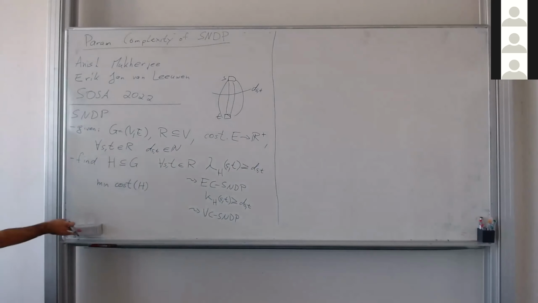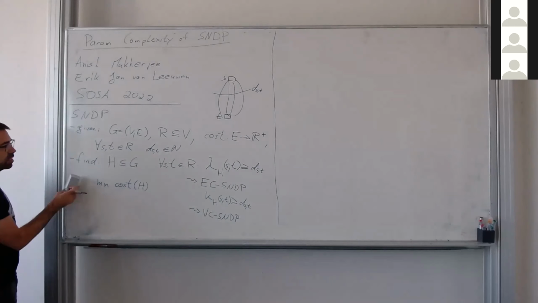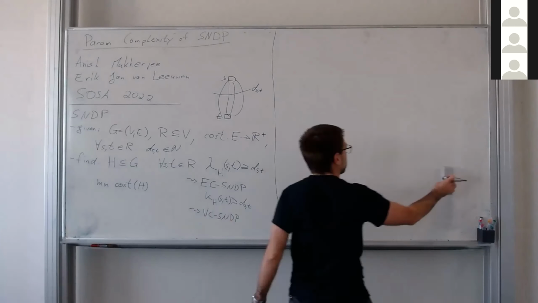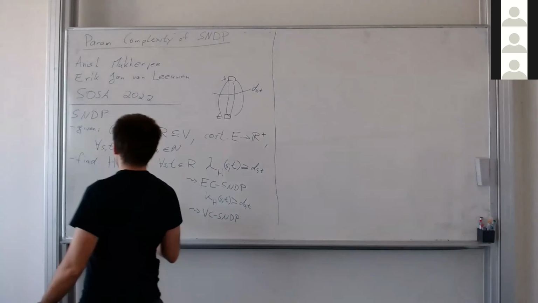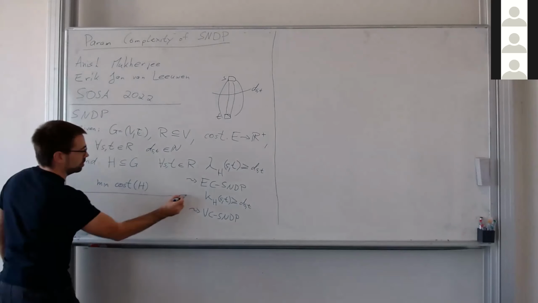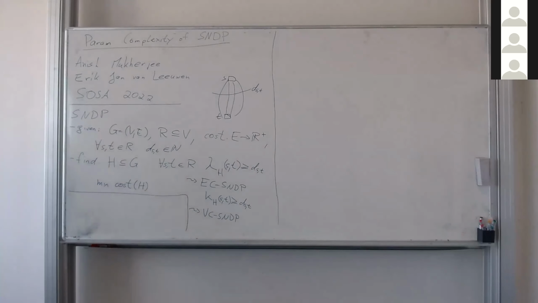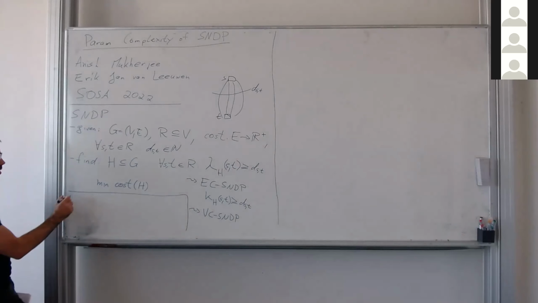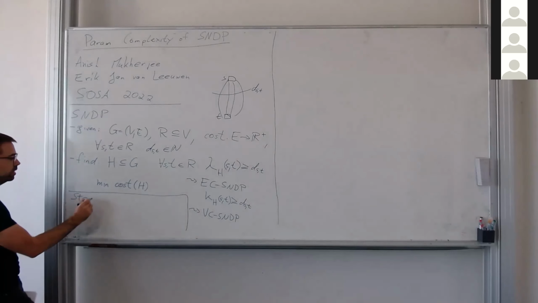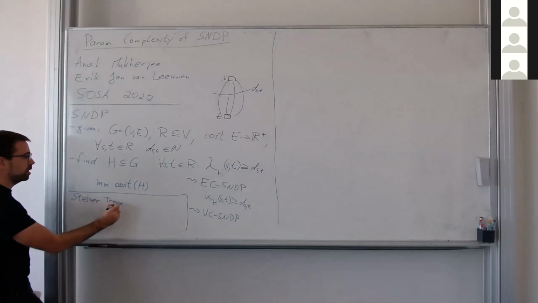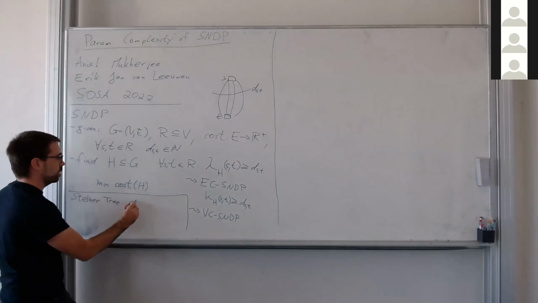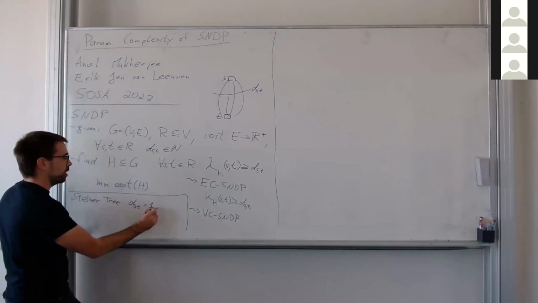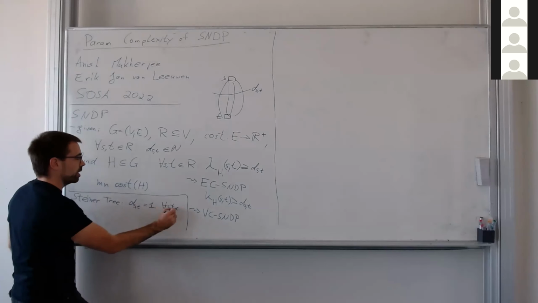Note that there are some special cases that you should recognize if you've ever read something about this topic. First of all, Steiner tree: the Steiner tree problem is simply when dst equals 1 for all terminal pairs.